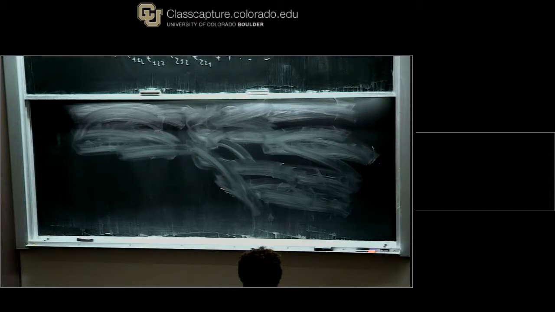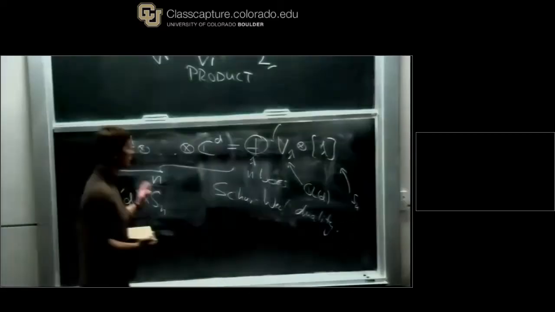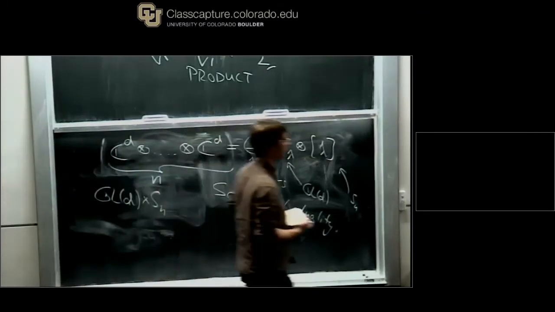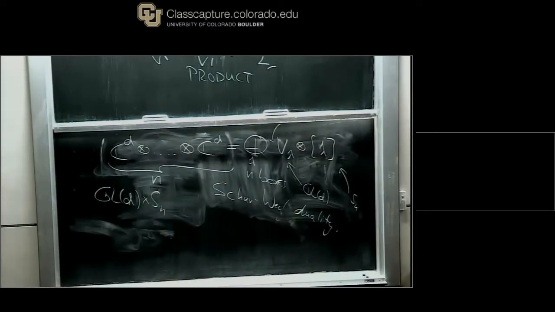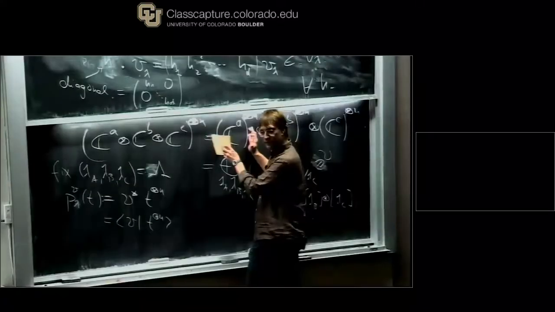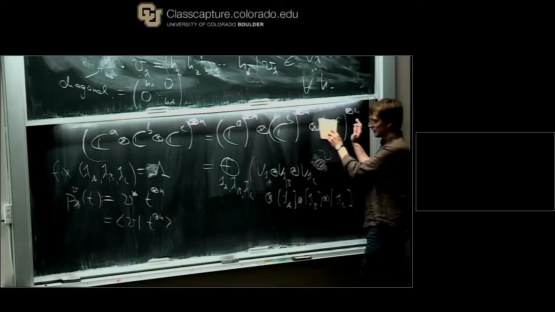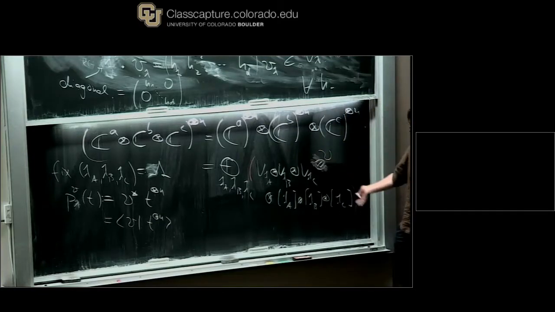No, I do Schur-Weyl duality here with dimension A. I do a Schur-Weyl duality here with dimension B. I do a Schur-Weyl duality here with dimension C. And then I just group them a little bit.